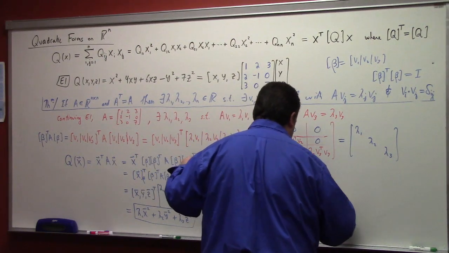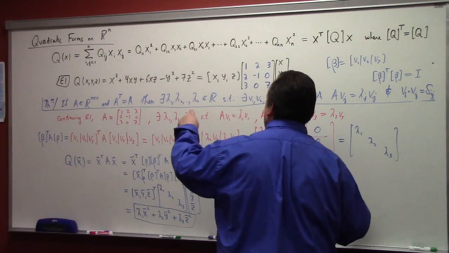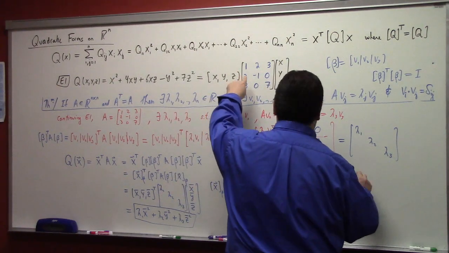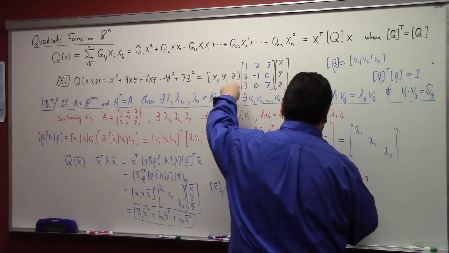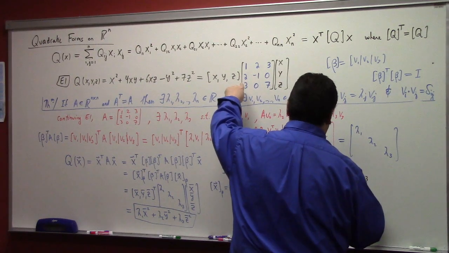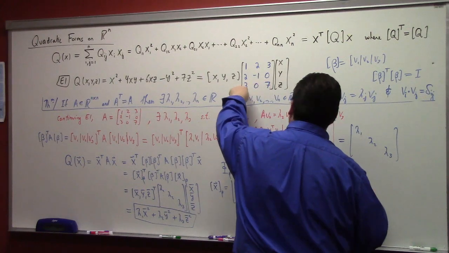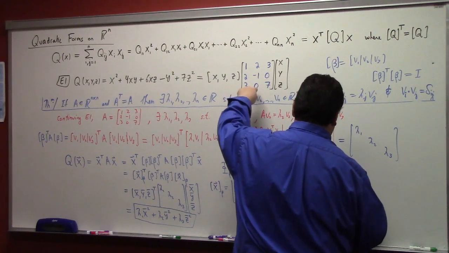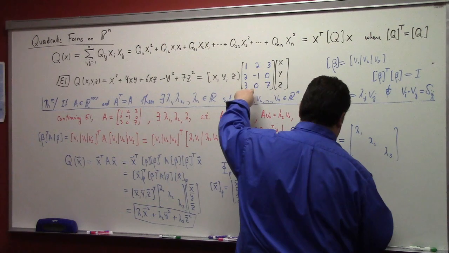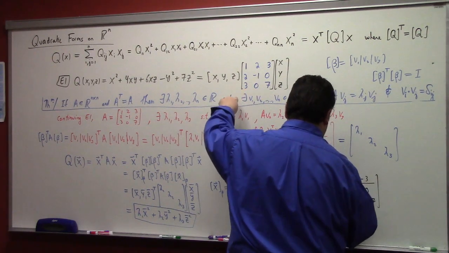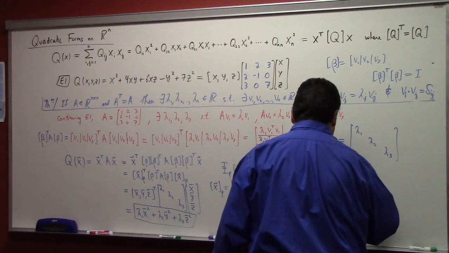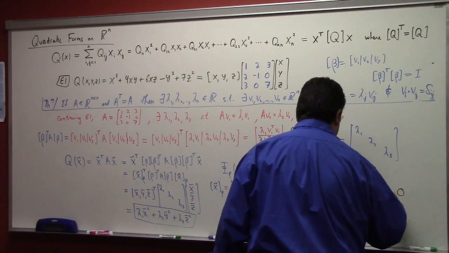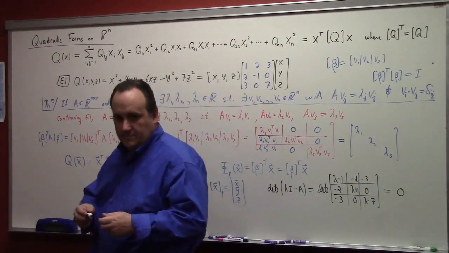So I'm looking at the determinant of lambda minus 1, minus 2, minus 3; minus 2, lambda plus 1, 0; minus 3, 0, lambda minus 7. I have to take the determinant of this 3 by 3 matrix and set it equal to 0, and work that out.